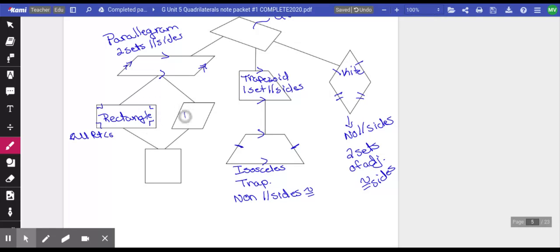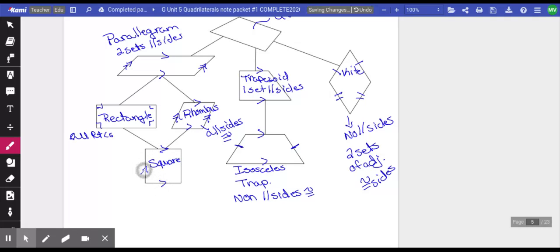Next to a rectangle is a rhombus, which again has opposite sides parallel, just like a parallelogram, because it is a parallelogram, but it has all sides congruent. And last, we have a square, which again is a parallelogram.